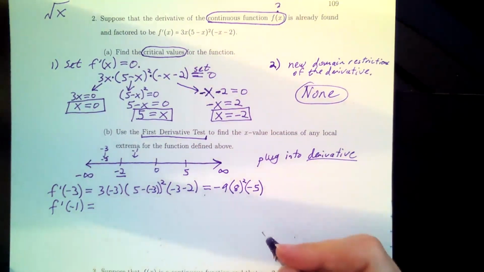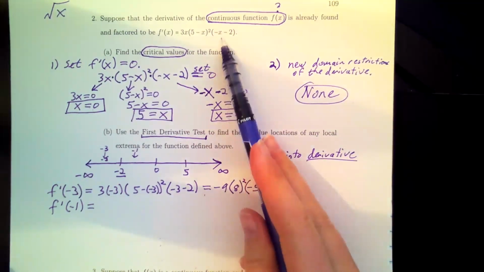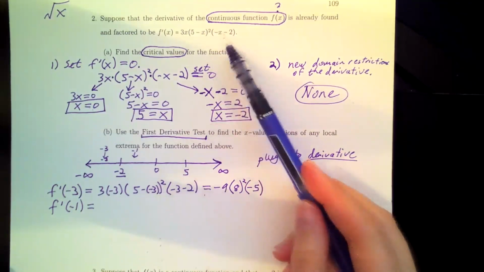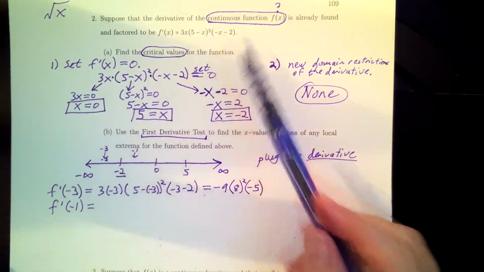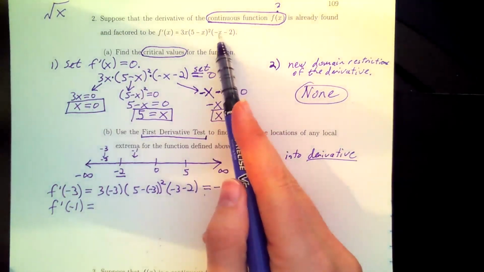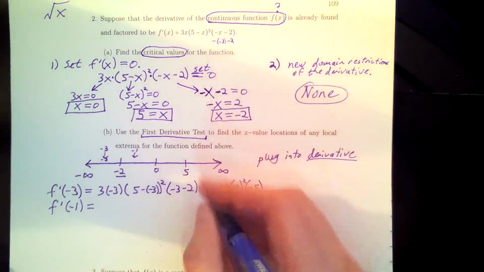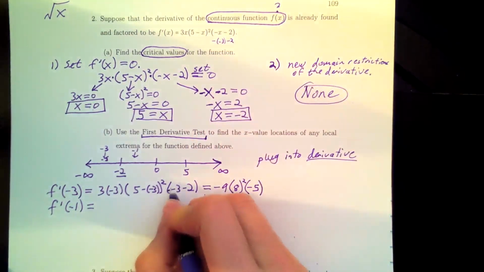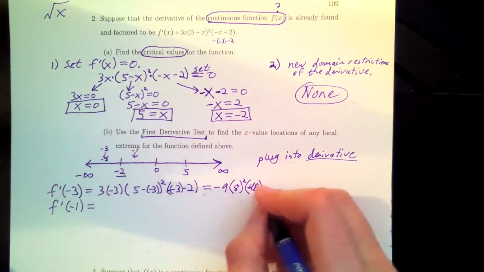Now, unfortunately, I plugged things in a little wrong here. This is minus x minus 2. So when I plug in this, I have minus -3 minus 2. So I gotta be careful here. This is a double negative. Minus -3 becomes +3. 3 minus 2 is 1.